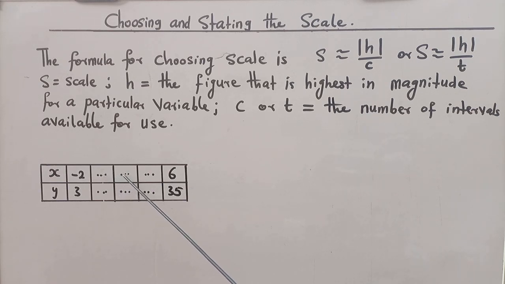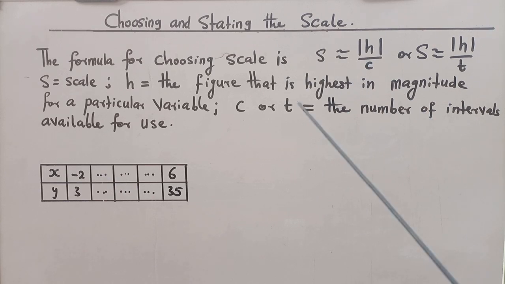These dots simply tell us that the figures which are there are not necessary as long as they are between this -2 and 6. So far, we understand that this -2 is the lowest figure on this X, and then 6 is the highest figure. 6 is a figure that has the highest magnitude for X.